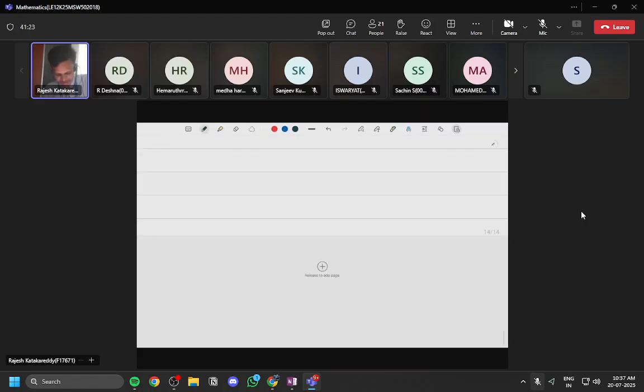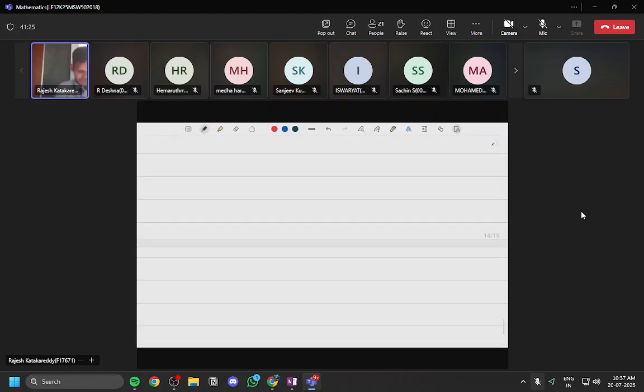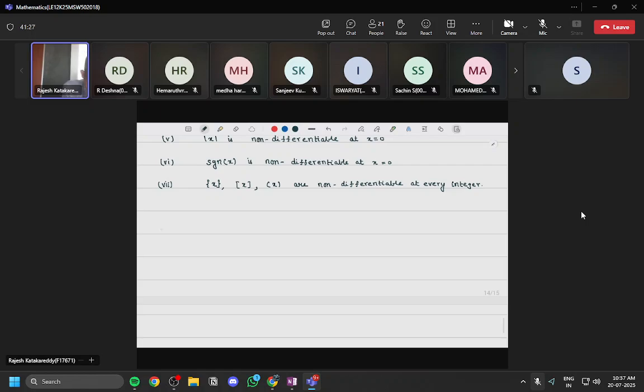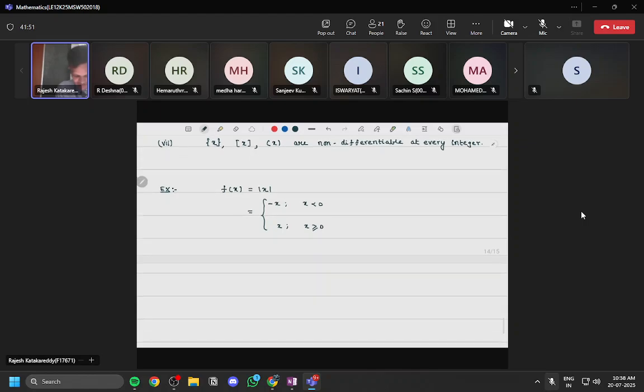With some examples, there will be some functions defined piecewise, I mean non-uniformly defined functions. Let's say f of x is equal to mod x. How do I do this? I write minus x when x is less than 0, plus x when x is greater than or equal to 0. Now I'll differentiate to check the left hand derivative and right hand derivative.